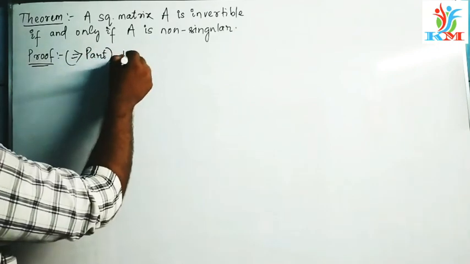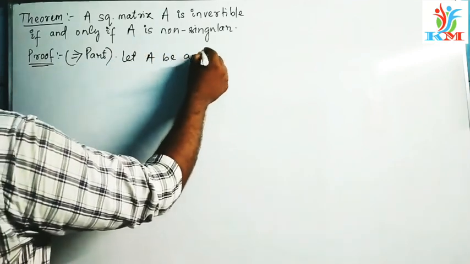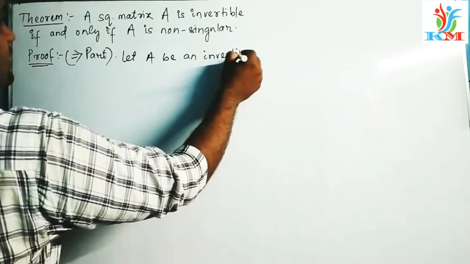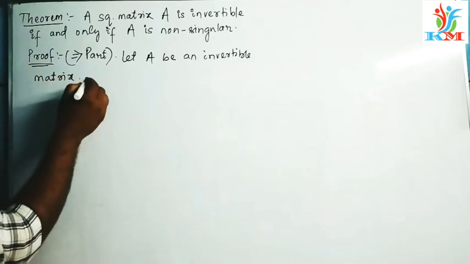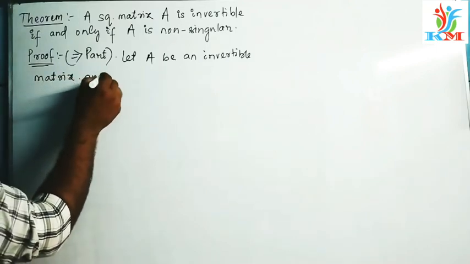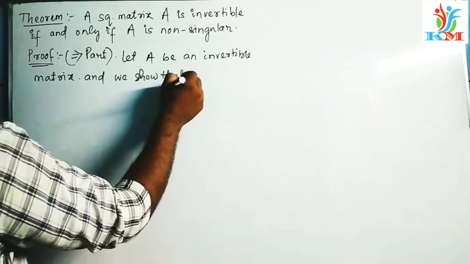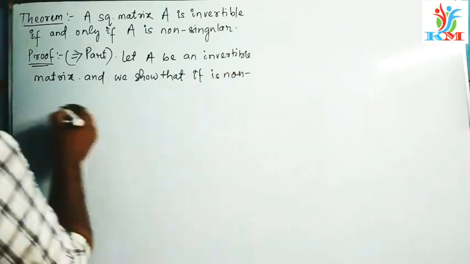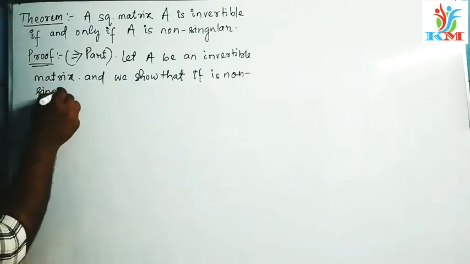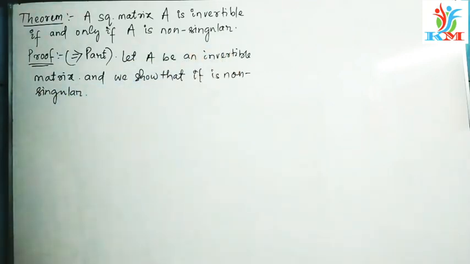Let A be an invertible matrix, and we show that it is non-singular. That means A is an invertible matrix, given, and we have to show that it is non-singular.